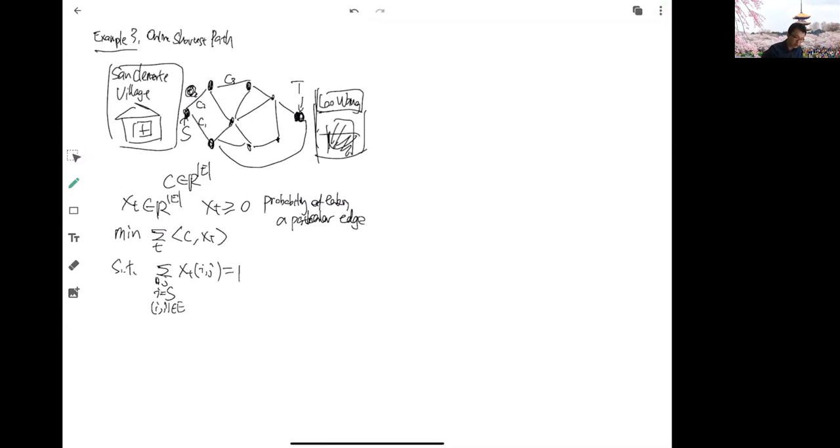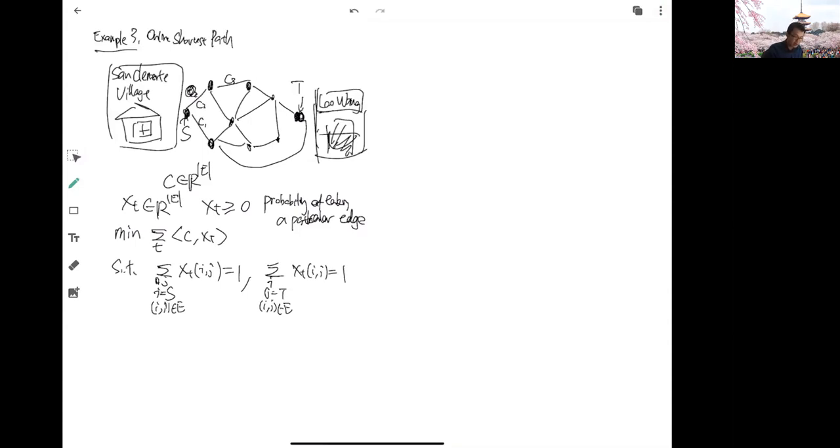You have to go out, otherwise you won't get your lunch. Secondly, the sum over i of xt ij, where j is equal to t and ij is in the set of edges, needs to be 1, because ultimately you want to get to your restaurant.